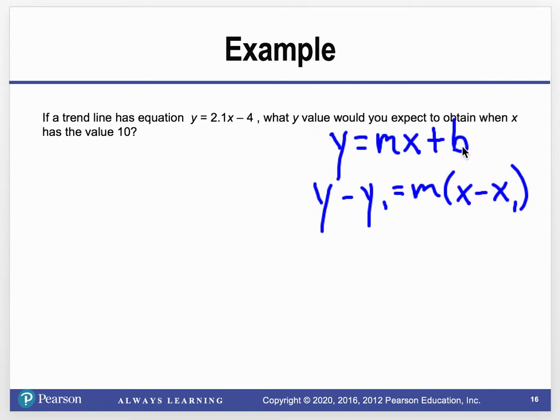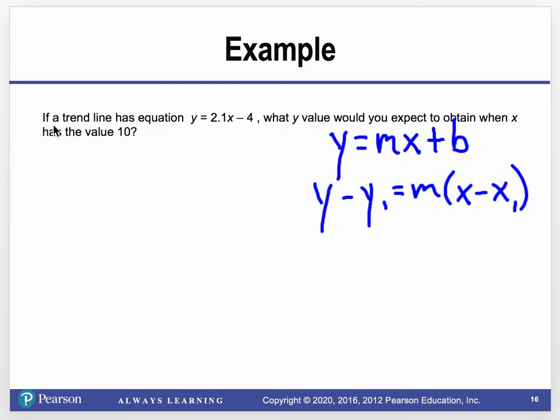But if it goes right through the y-axis at 2, and then you can find the slope, you can just plug right in here. Otherwise, pick 2 points off of the trend line, find the slope using the 2 points, and then plug in here. So a little bit of knowledge we need from college algebra.